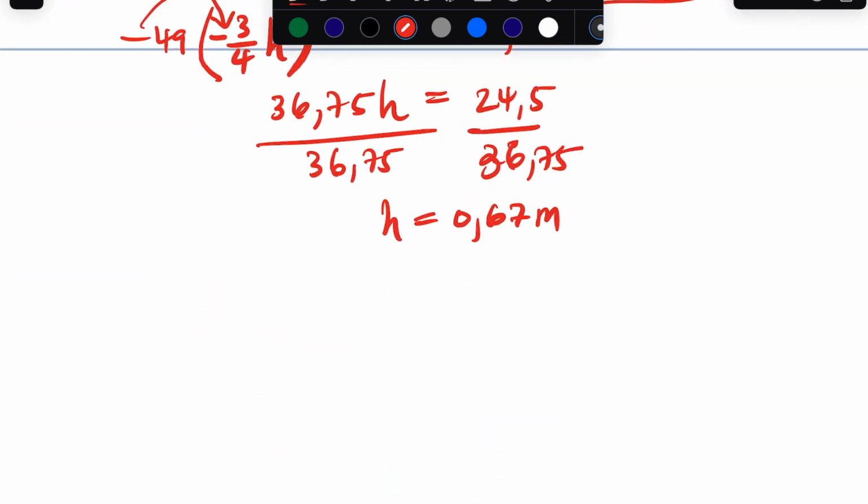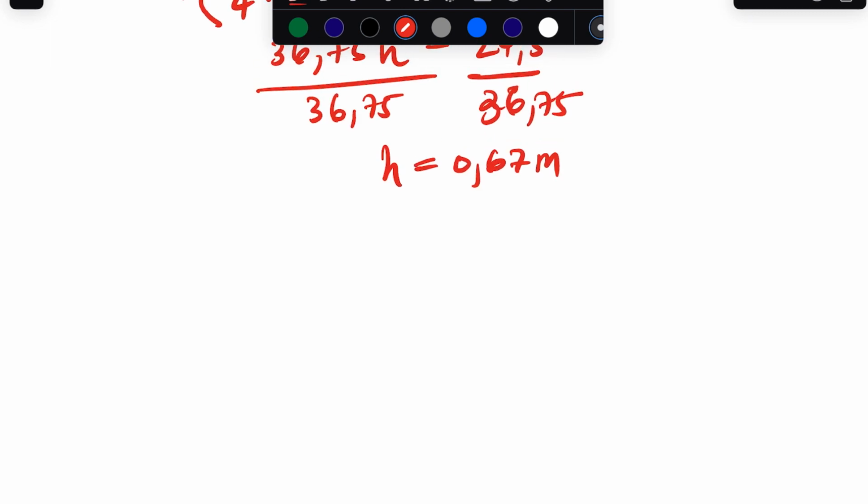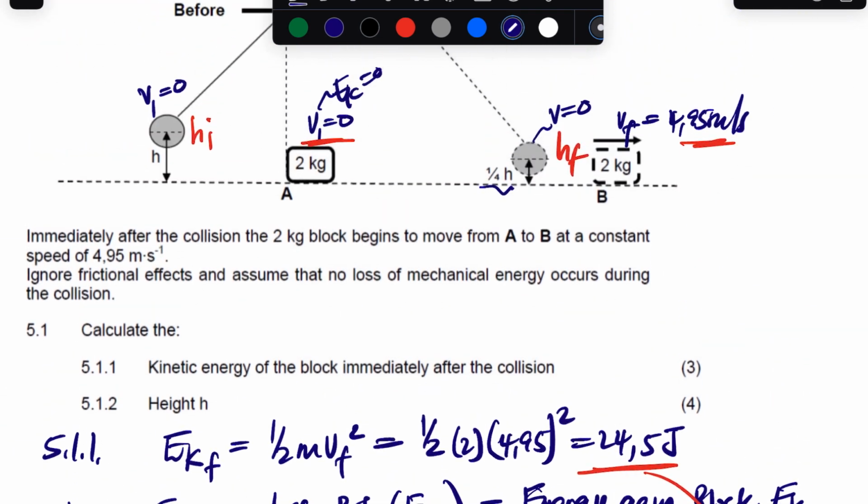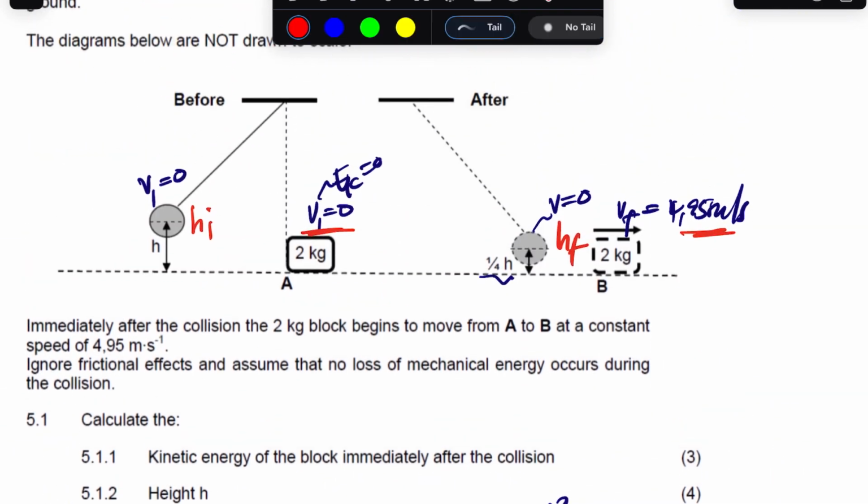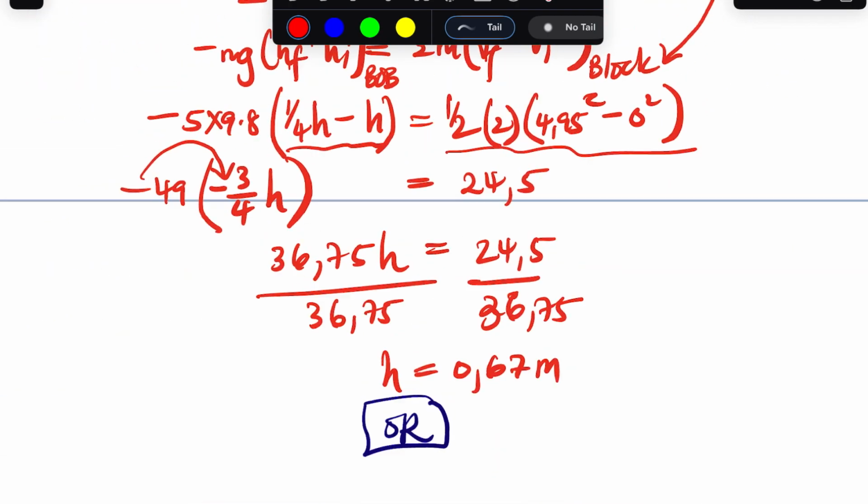Let me show you the longer way, but it's not difficult. Guys, this is a closed system, so I will use the conservation of mechanical energy.